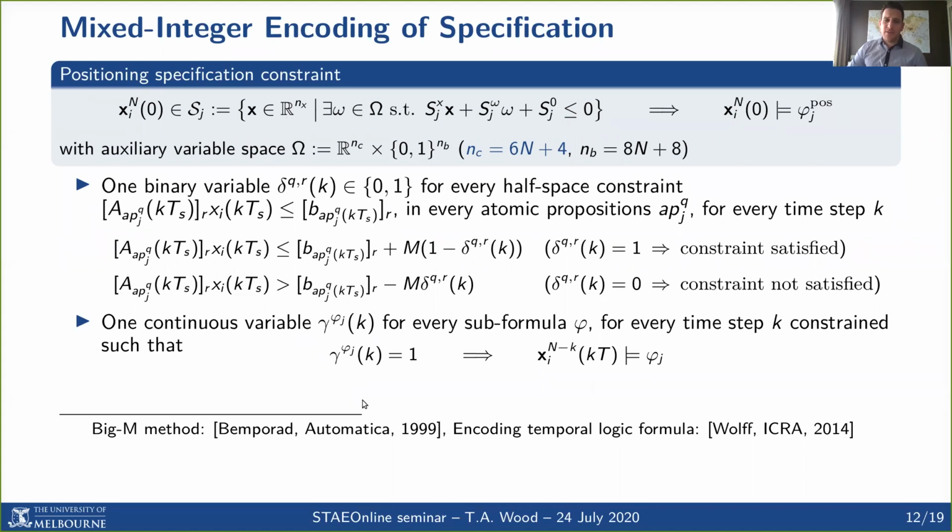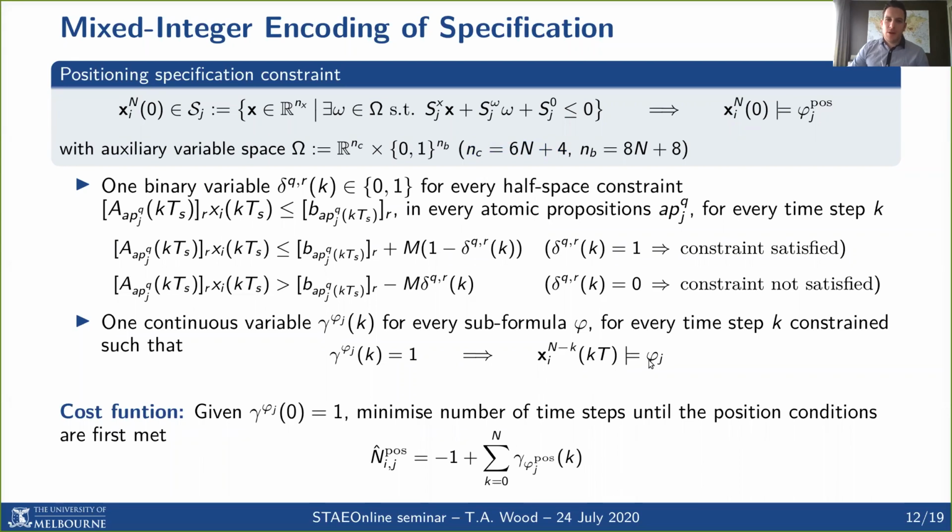So we have these auxiliary variables for every part of the formula, every LTL component of our specification. If this variable is 1, it means that the sequence of states starting at that time satisfies that part of the specification.